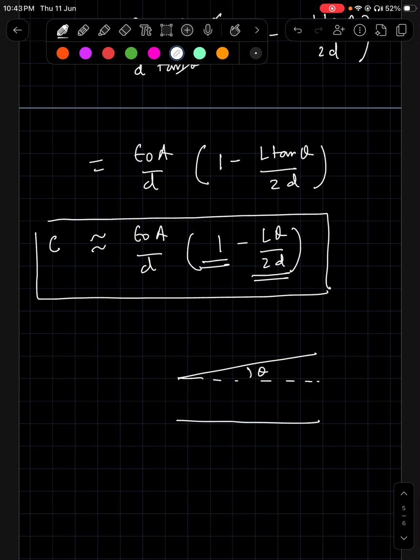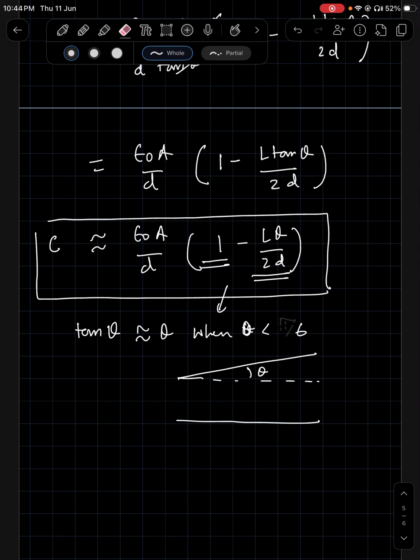And here I have taken the approximation that tan theta can be written as approximately theta when theta is much less than pi by 6. This is very, very important.